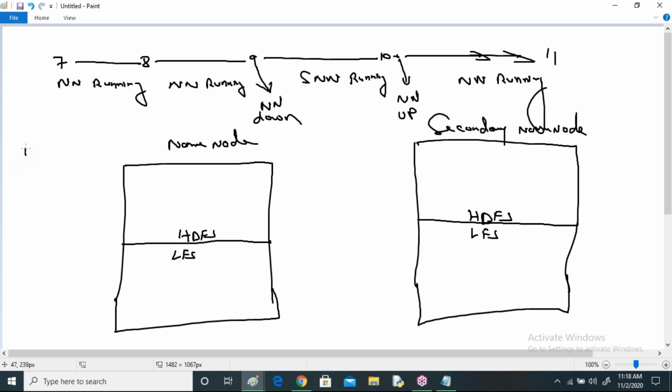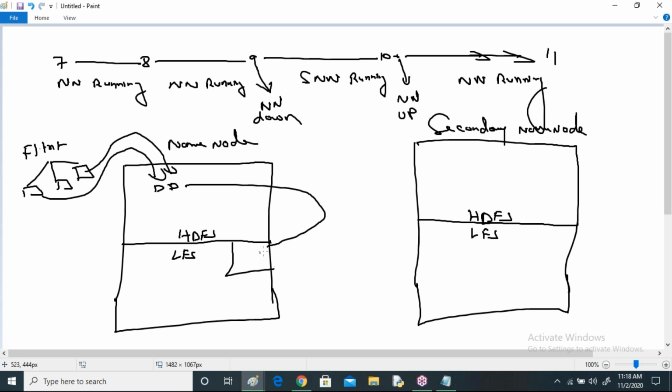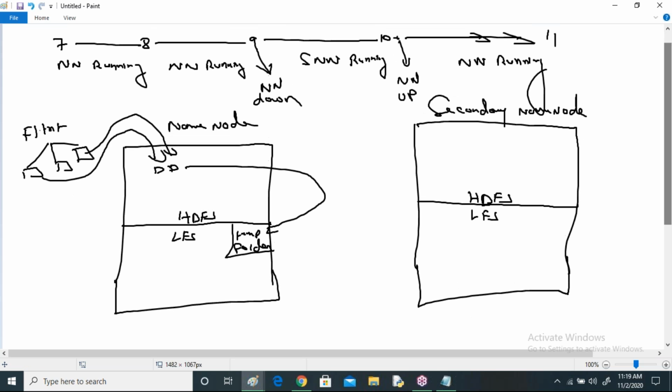Now, the f1.txt file is divided into smaller parts like blocks, distributed across multiple slaves. But the metadata information is stored in the form of blocks, also stored in a temp folder. So here we have FS image and edits files.